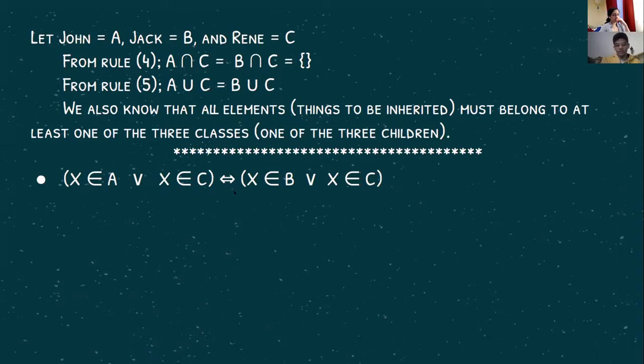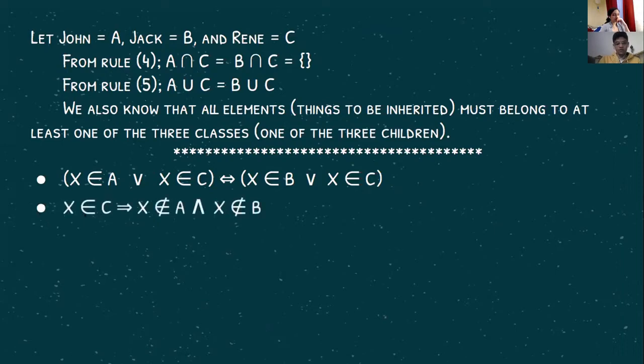So x belongs to A or x belongs to C implies that x belongs to B or x belongs to C. And the other way around, x belongs to B or x belongs to C implies that x belongs to A or x belongs to C. Of course, as always, whenever things get confusing, you can just type in the chat so I can re-explain it.